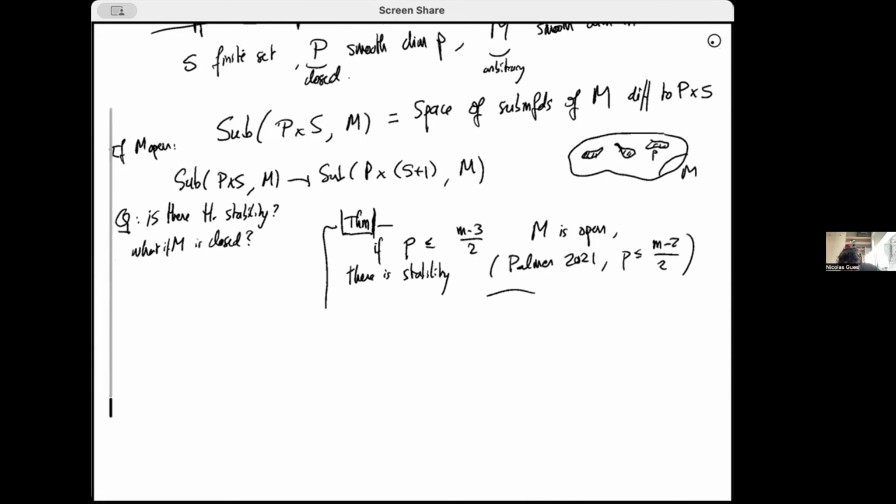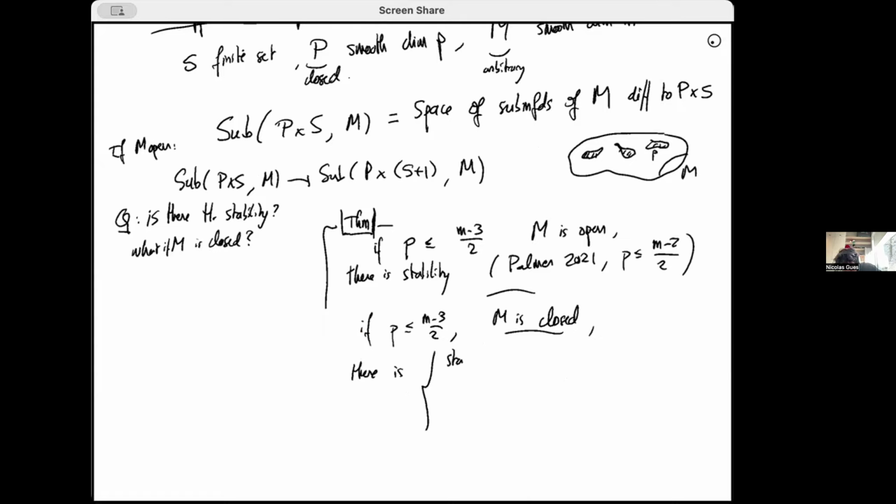And also, still with this range and M closed, using representation stability techniques, you can show that there is instead stability over Q. So I need to restrict to rational coefficients, and there's a periodicity phenomenon over F_p.